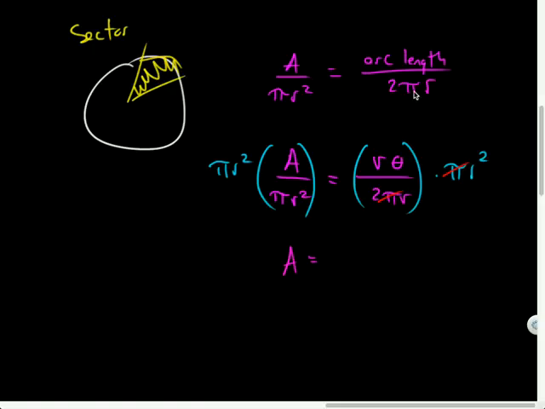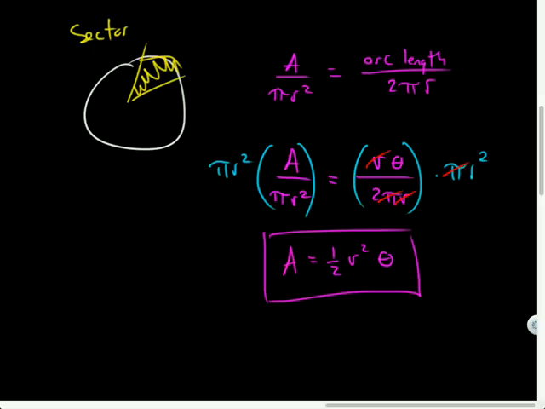My apologies. So these r's would cancel out. I'd be left with A is equal to 1/2 r squared theta, where theta is in terms of radians. So this does not work if theta was in terms of degrees.